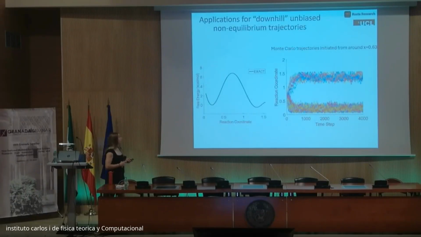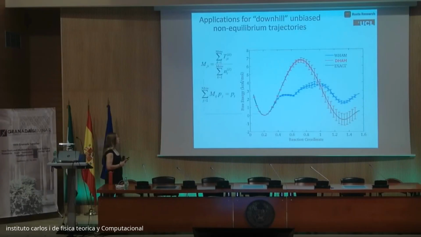And just to show you a simple example of how this would work, we could initiate trajectories near the top of this area, somewhere in this position. If we just initiate simple Monte Carlo trajectories here, some of them would go back to this valley and some of them would go down to this valley. So we would see this type of time series as a function of time in these simulations.